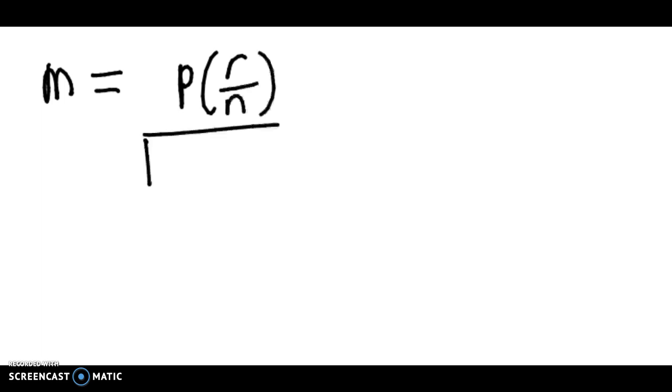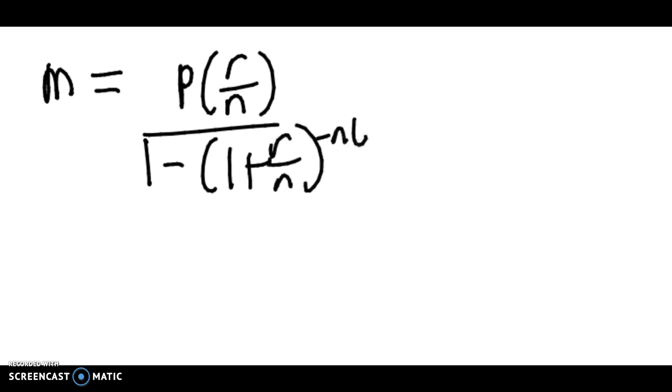So our monthly payment formula is M equals P times R divided by N, all divided by 1 minus 1 plus R over N to the negative NT. So our monthly payments in this case would be determined by the principal.